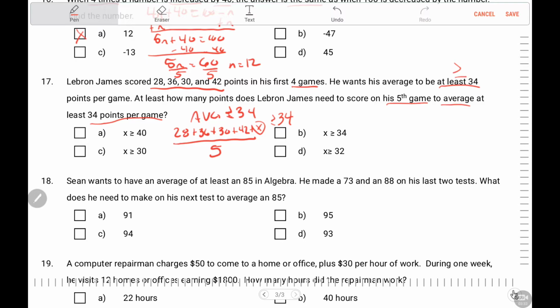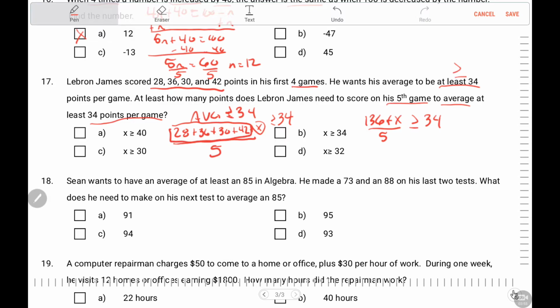And over here on the right, I'm going to simplify it a little bit. It's 136 plus x over 5 greater than or equal to 34. That's probably the hardest part for everybody, just getting that part set up. And all I did with the 136 was add all these 4 together.